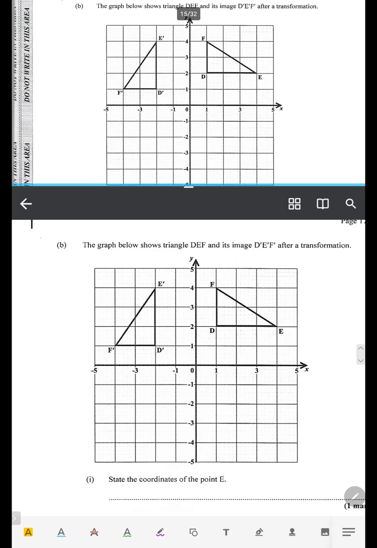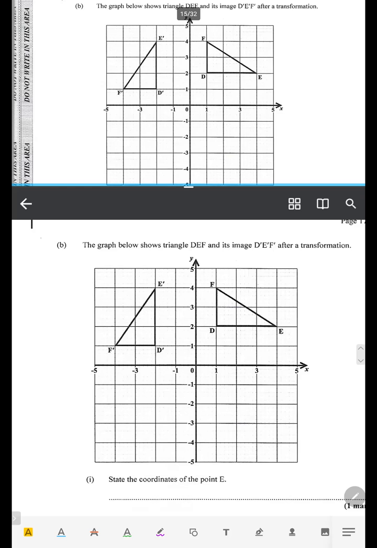So let's decipher if it's a reflection or a rotation. To do that, we can just check the orientation. If the orientation is reversed, we know it is a reflection in a line. If the orientation is not reversed, then it's a rotation. Remember, reflection and rotation can look alike sometimes, so you always have to check.